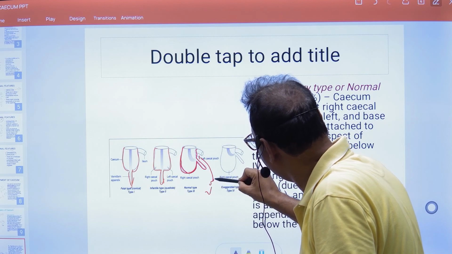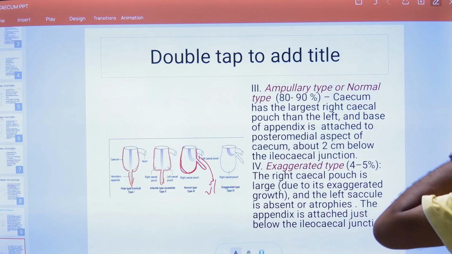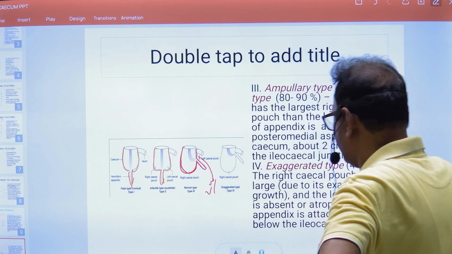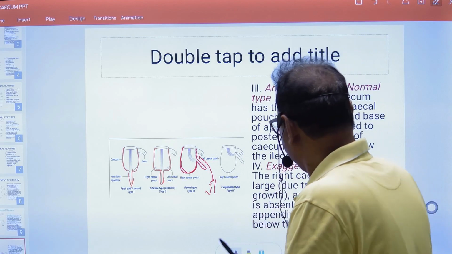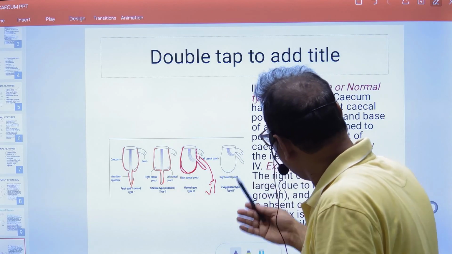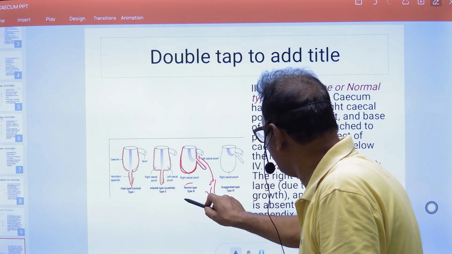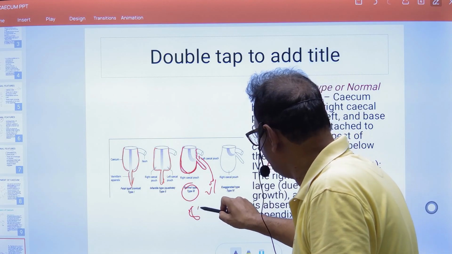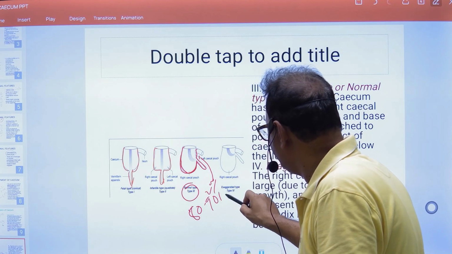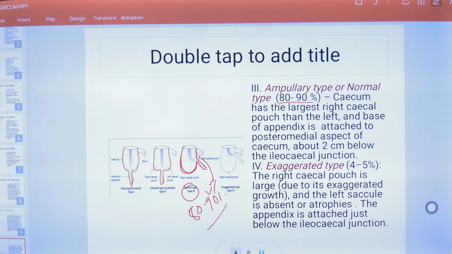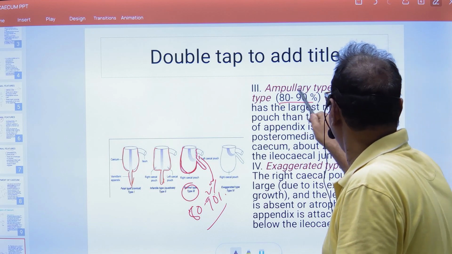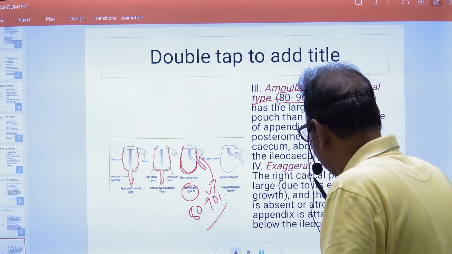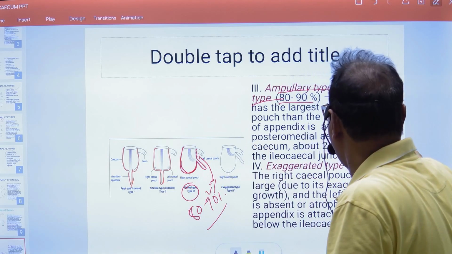See the marking of the taenia coli, which ends where the appendix starts. This is the maximum type, the normal type, about 80 to 90% of cases. We see this ampullary or normal type of cecum and arrangement of the appendix.